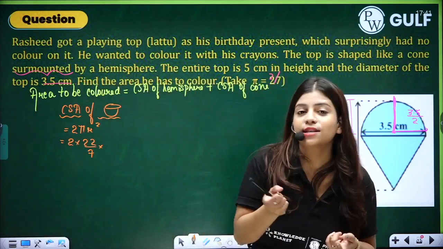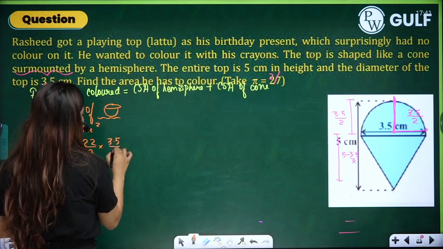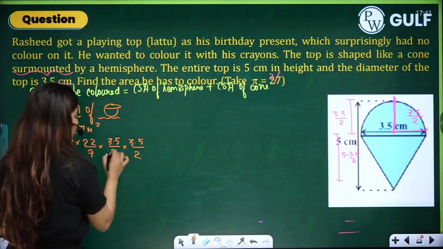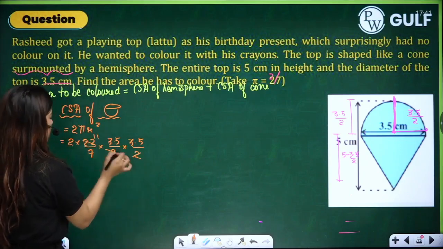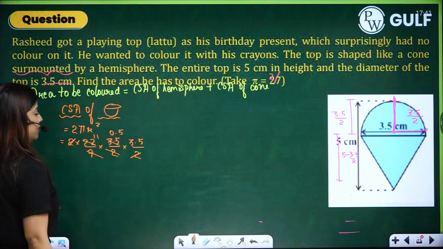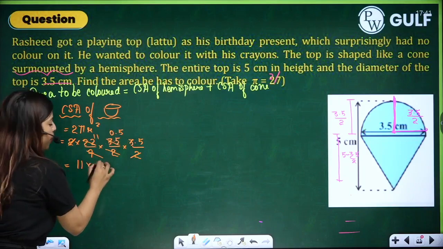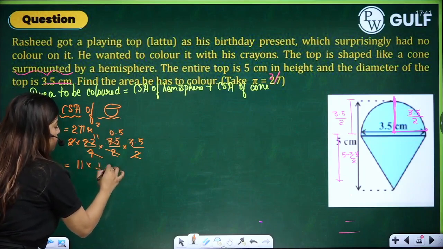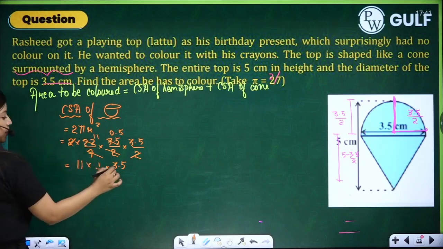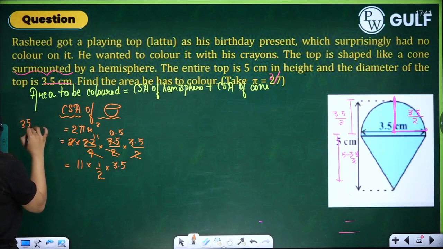So the radius will be equivalent to 3.5 by 2. Into 3.5 by 2. So from 2 over here, 2 cancel, 7, this is 0.5, right? So basically this is 11. 0.5 is equal to 1 by 2 into 3.5. So let us multiply this figure, right? That is 35 by 11.